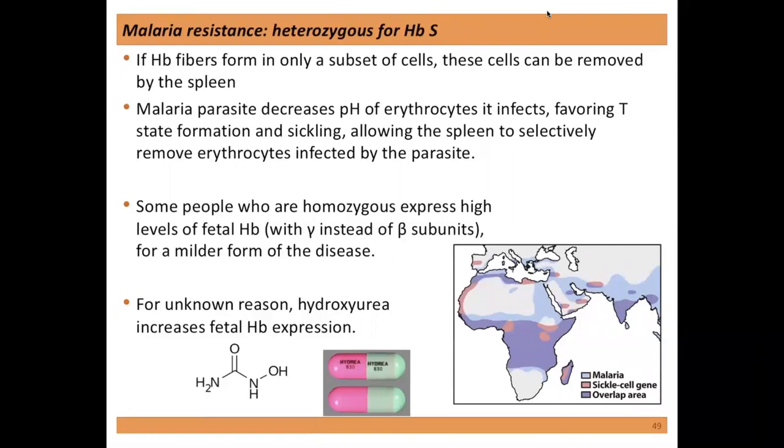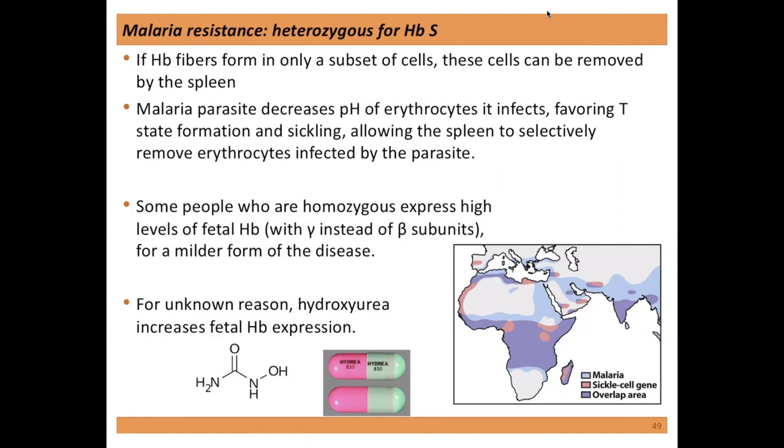And if you happen to get the malaria parasite, what it does is it decreases the pH of your erythrocytes, and it favors the T state. And the T state at lower pHs actually favors sickling. And so what happens is if a red blood cell is infected with the malaria parasite, and if it has this mutated hemoglobin, it's more likely to form a sickled cell.